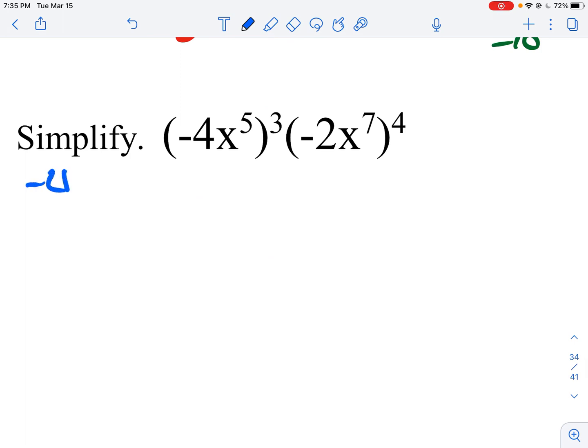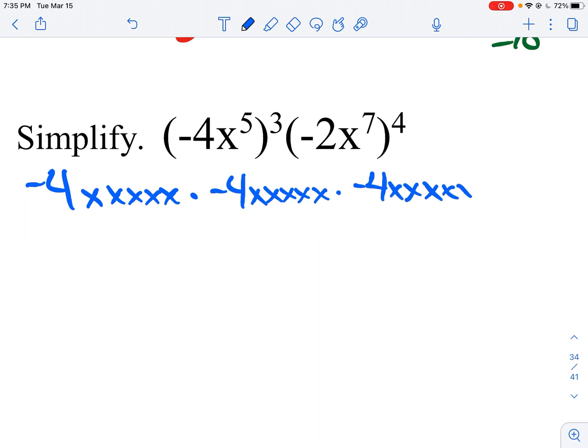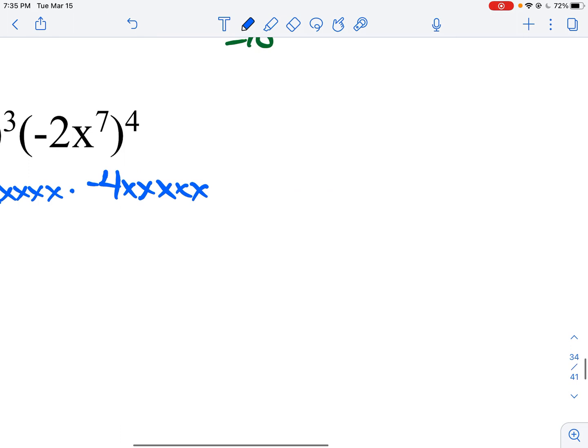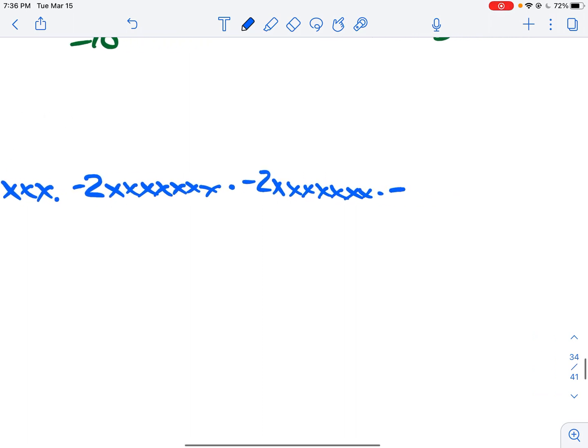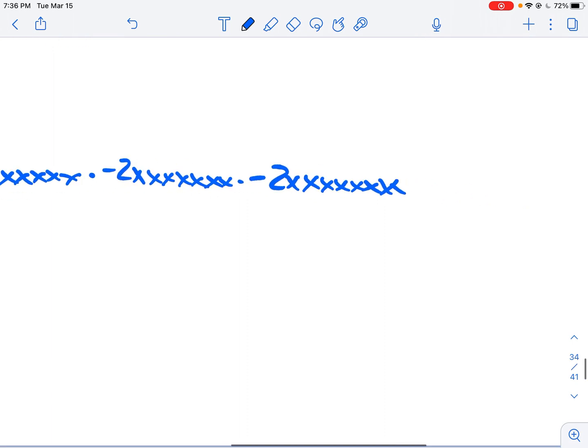Over here, I have negative 4 written out with its exponent of 5, three times, and negative 2 with its exponent of 7, four times.